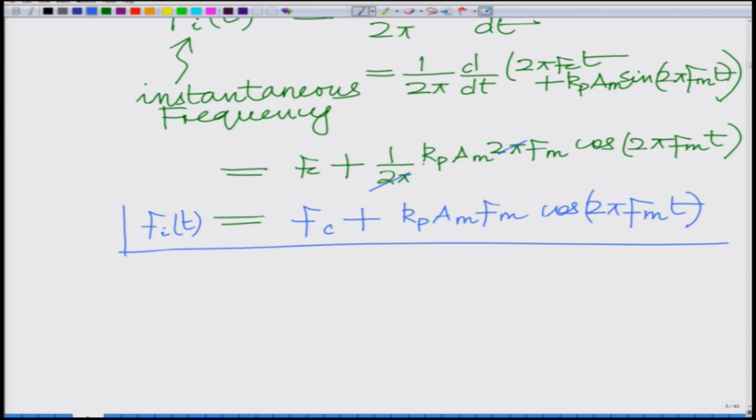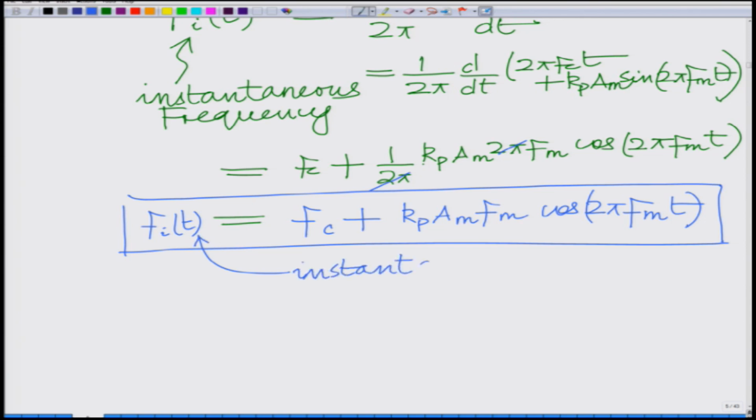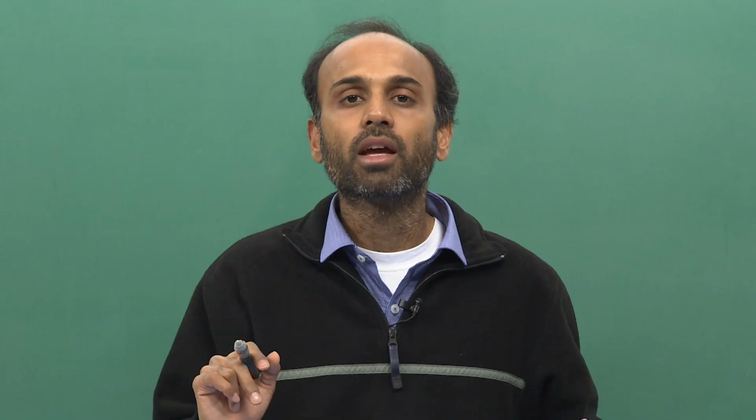This is your expression for the instantaneous frequency f_i(t) of this phase modulated signal, phase which is modulated by the sinusoidal message signal a m sin 2 pi f m t.